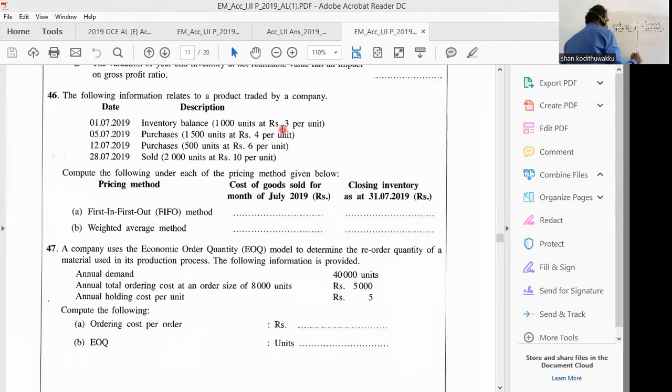Then you can produce the answer. This is the first one, FIFO, and this is weighted average. You can take this example.